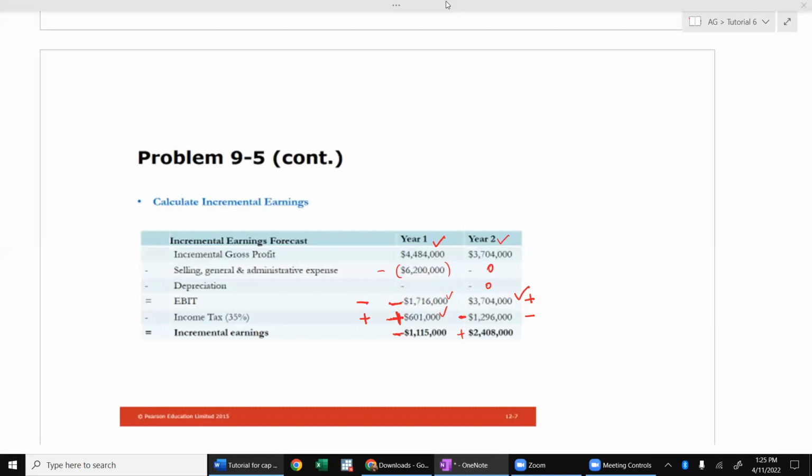No. Why? It means that the government will tell me that since you have made a loss, you don't need to pay a tax of 601,000. When I am not paying, actually I'm saving, right? So that is why it is positive. Okay.